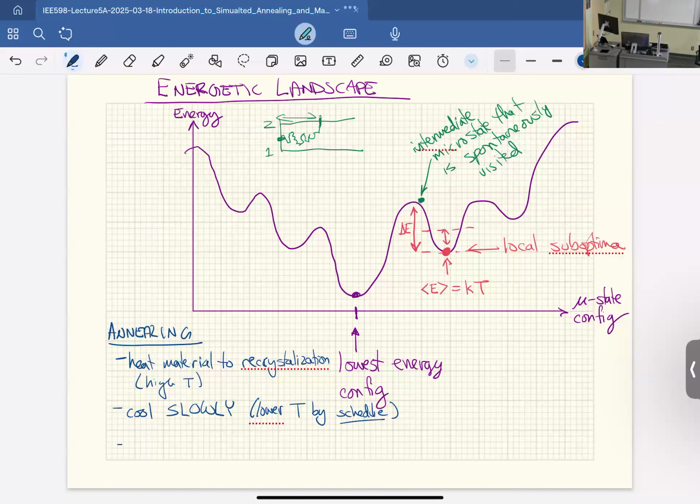And then hope we catch the system in a low energy configuration.